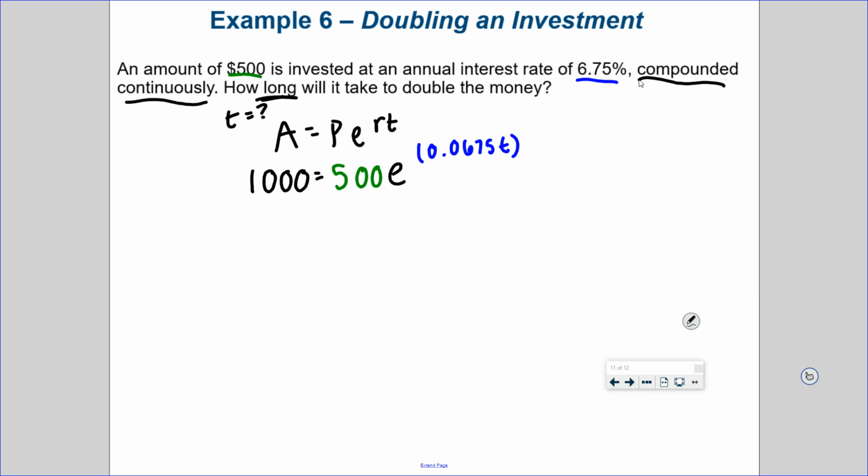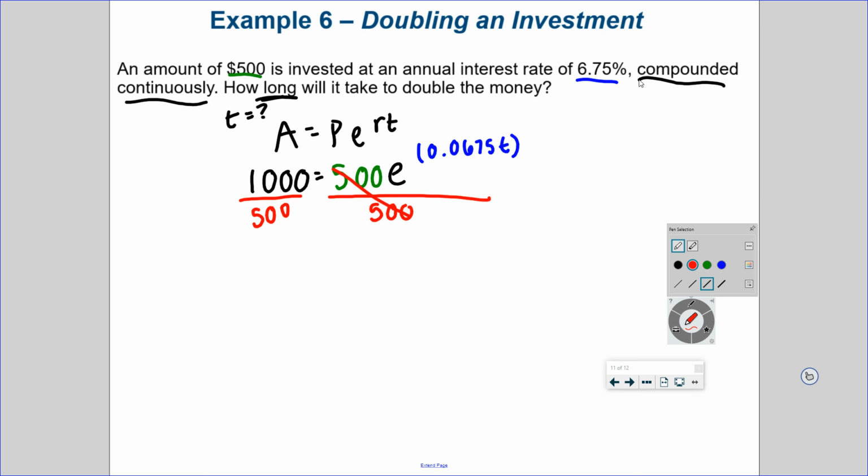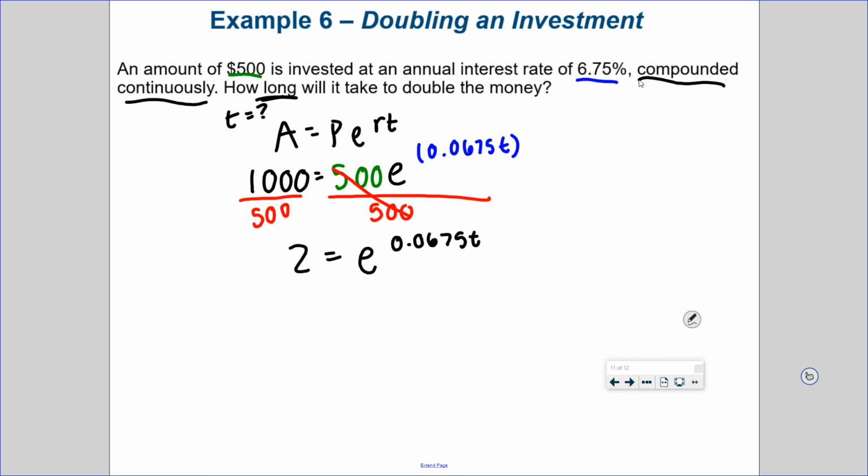So divide both sides by 500, taking off the layers around my variable. I get 2 equals e to the 0.0675t. All right, what would my next step be? Natural log of both sides.